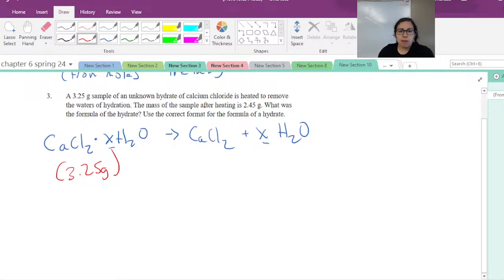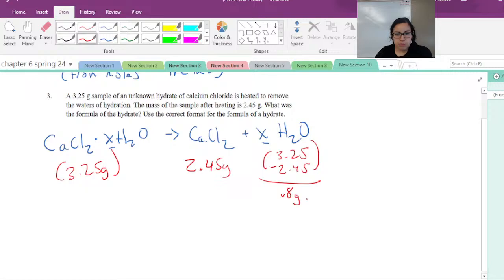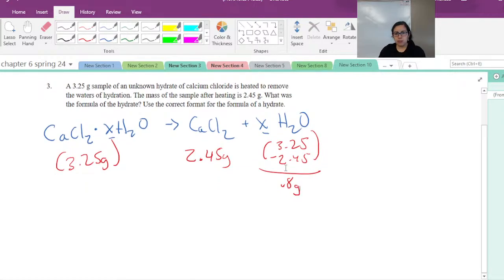Then we have the mass of our sample, which corresponds to calcium chloride, 2.45 grams. Like you were saying, let's find the difference, and that gives us the mass of water. So 3.25 minus 2.45. What was the difference there? So 0.8 grams. And then what do we do with all this information?